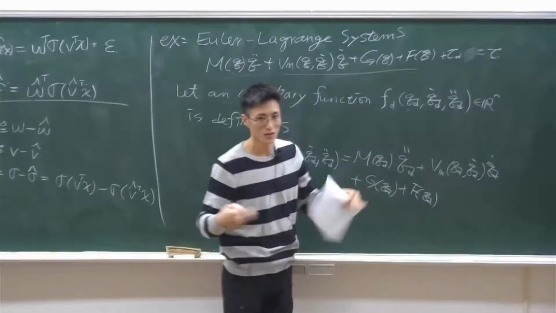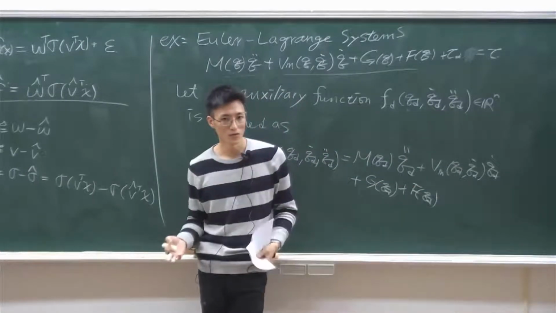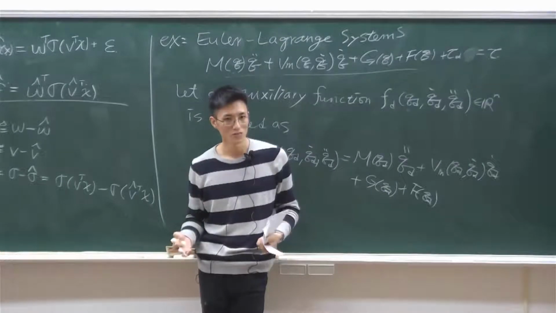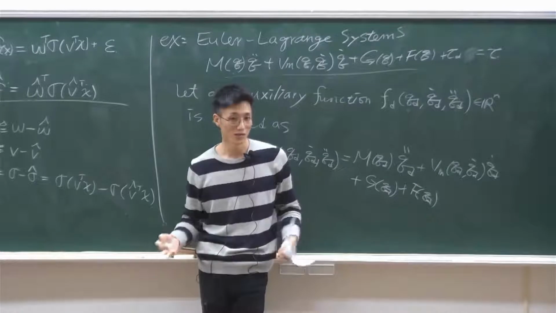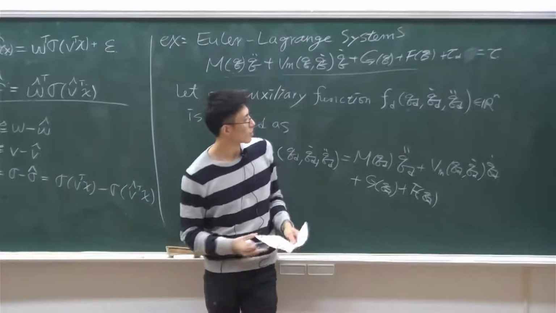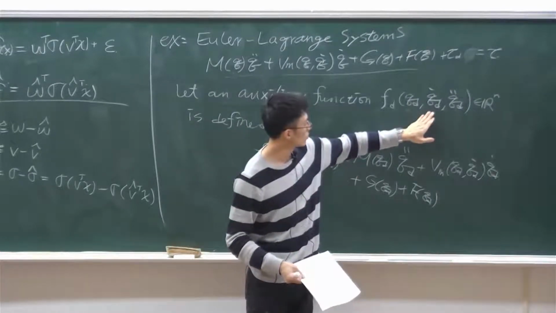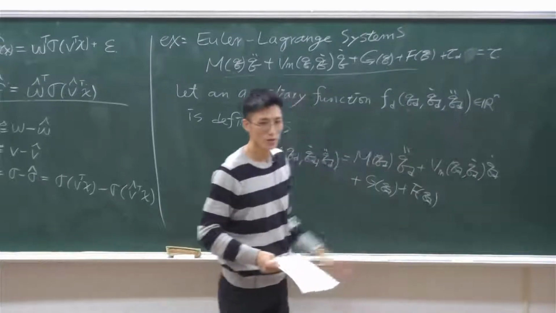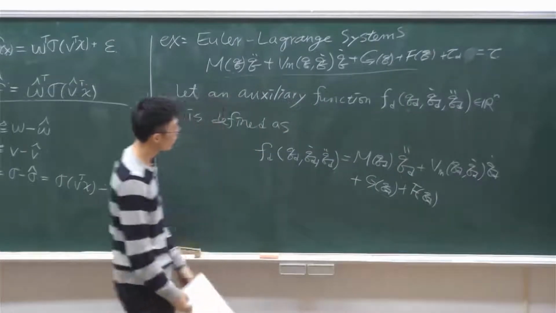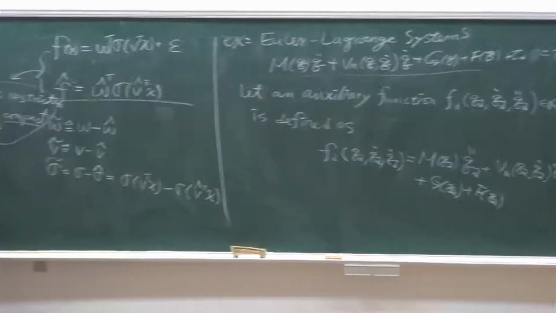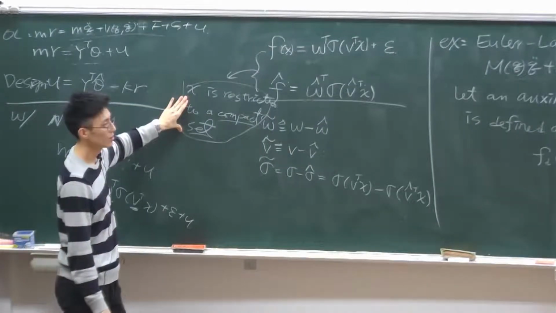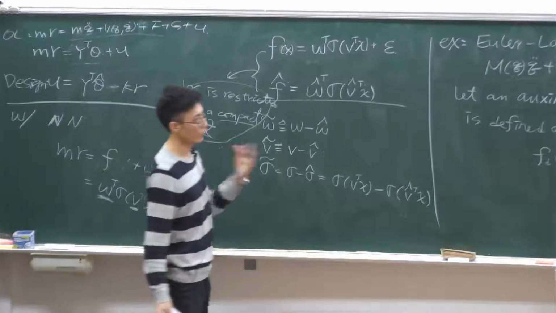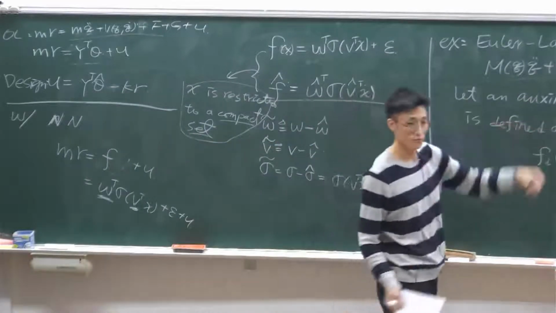Desired trajectory is a user preference. The user designs the function, and you don't want to design a function that is unbounded as a desired trajectory, right? So we already know that qd dot, qd double dot are bounded, and therefore that will meet this constraint. Then we can use a neural network to approximate this FD function.